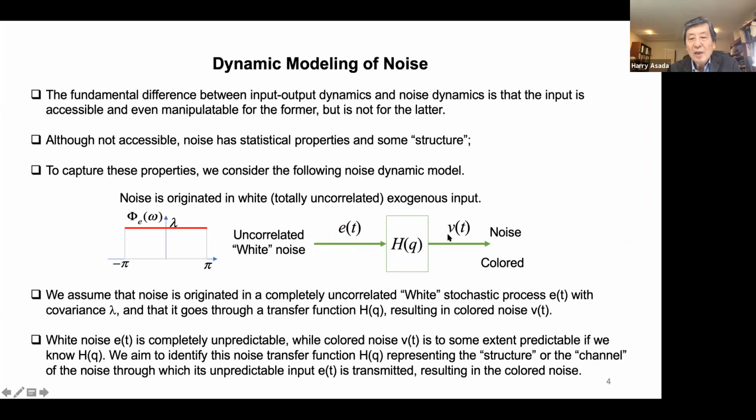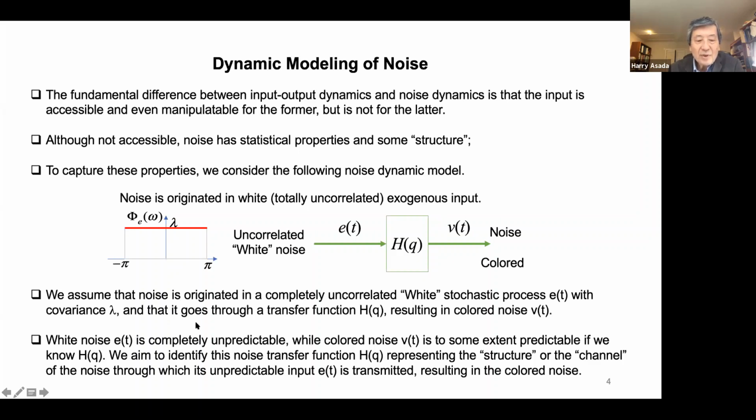And the autocorrelation too is not just a single point, but has some elements in there, just as we looked at last time. So v(t) may be colored, and colored noise is to some extent predictable. If we can identify H(q), we can predict v(t) to some extent.